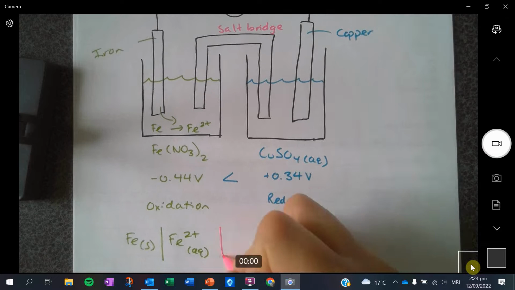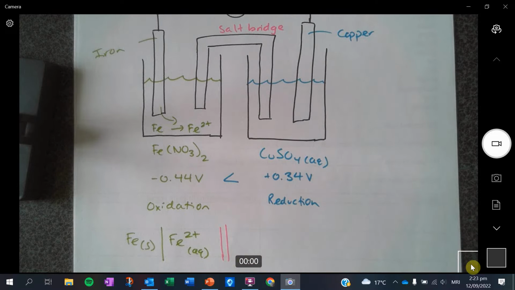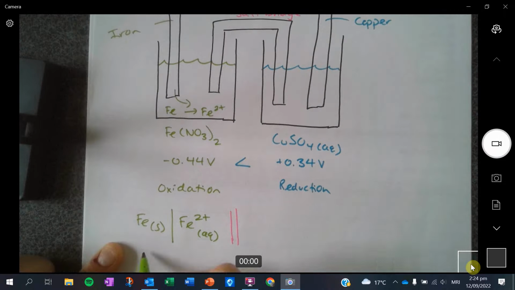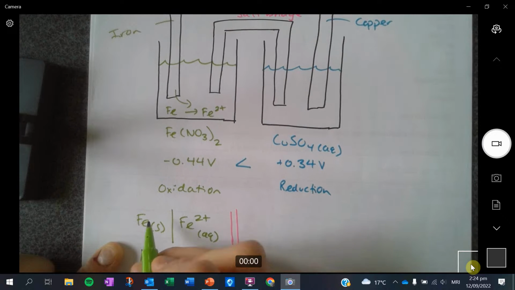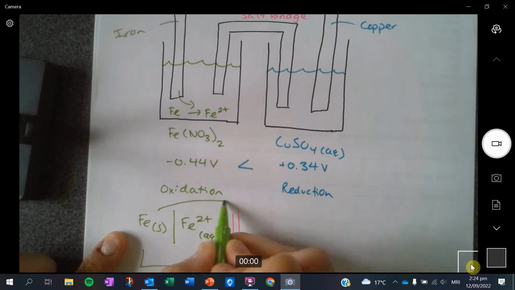Then I'm going to do 2 lines, and I'm just changing colors to help you see the different sections. You don't obviously need to do multiple colors. These 2 lines represent that I am now shifting to the other beaker. When I go to that other beaker, the iron here has lost electrons.